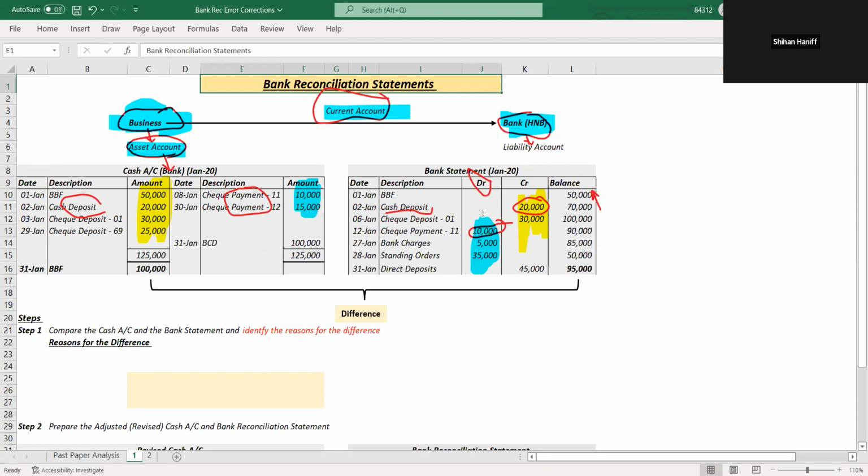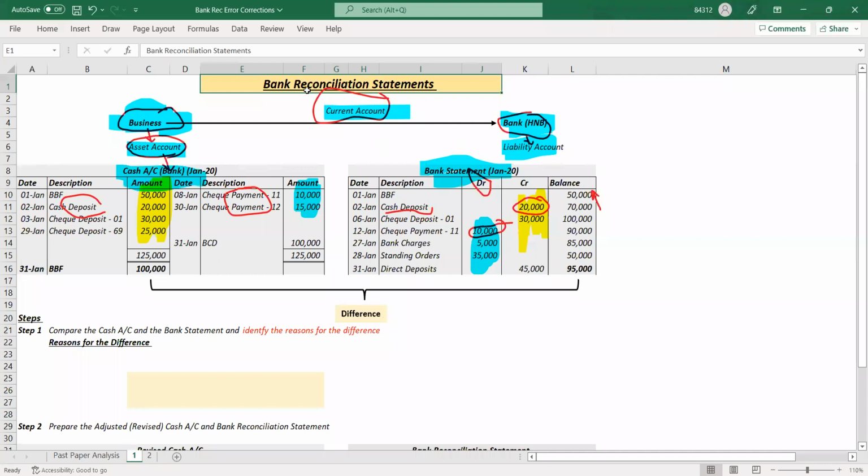Okay, if there is a difference, now here the bank statement balance is 95,000. Cash account balance or the bank account balance is 100,000. So there is a difference. If there is a difference, we need to identify the reasons for the difference.